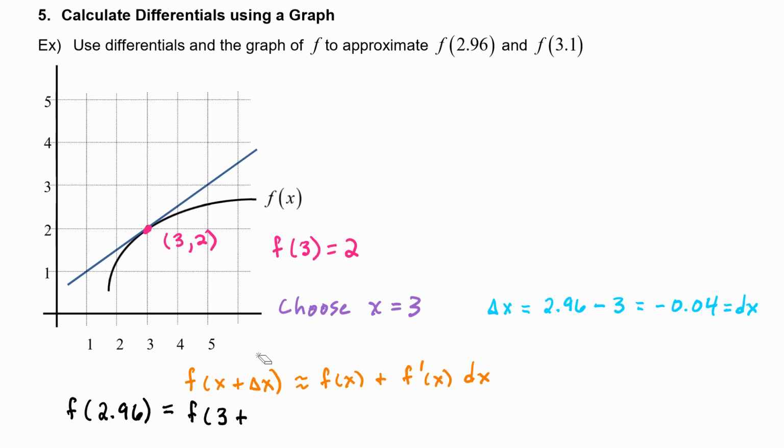We can substitute that in, so negative 0.04 will be approximately equal to f of our x value, which we chose to be 3, plus f prime of 3 times dx, which we just said is negative 0.04.